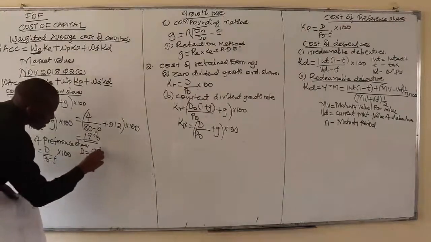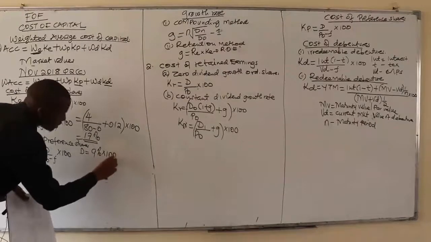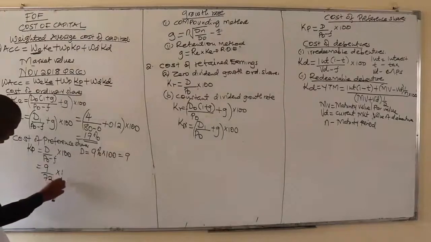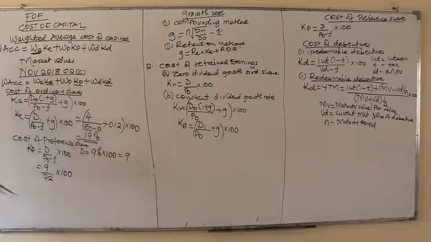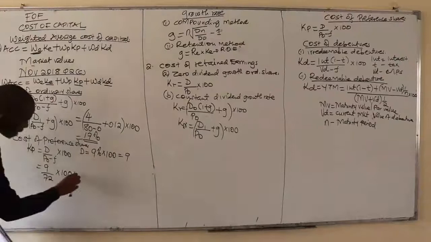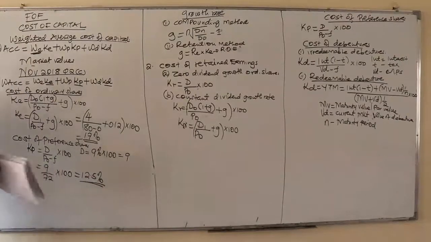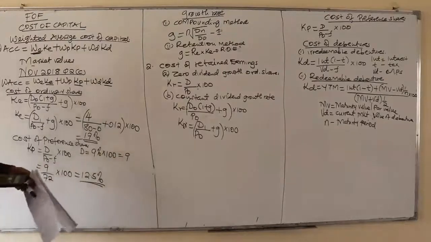It is always the rate multiplied by the par value, which is 100, so that will be 9. On additional information number 2, they are trading at 72. There is no flotation cost, so you take 9 over 72, then multiply by 100, which gives 12.5%.